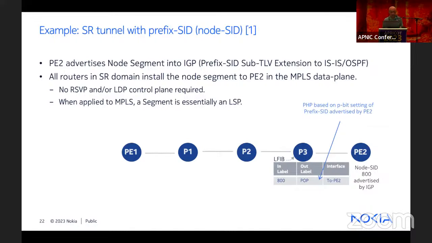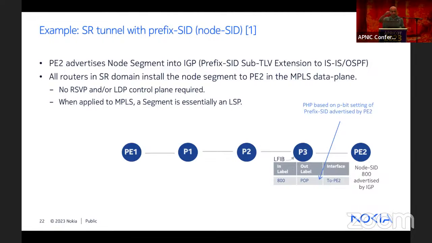And what that means is that you pop a label one hop away from the ultimate destination of it. It's an optimization, so don't worry about it too much. But essentially what we've done here is when a packet reaches P3 with a label of 800, it's going to look it up in its LFIB, and it says the out label is pop. Just pop the label and send it out on the interface to PE2. So it's an optimization, right?